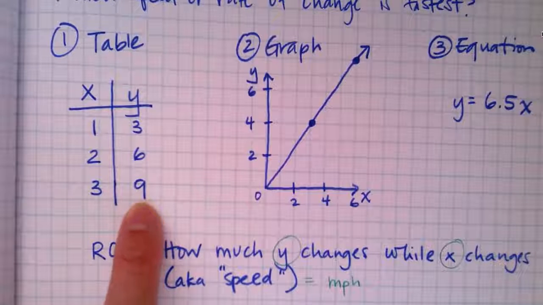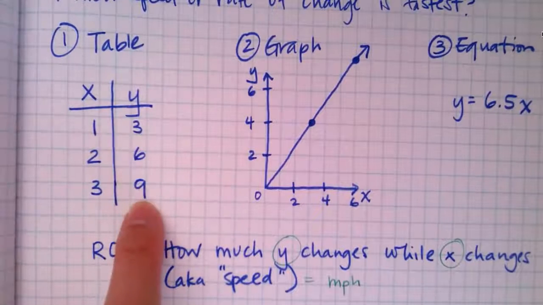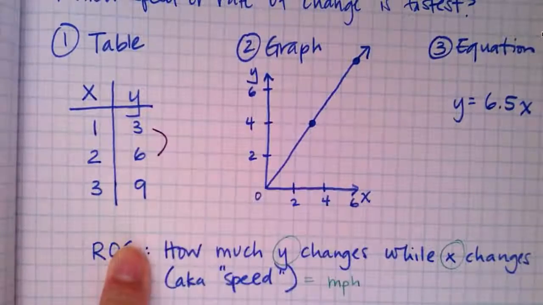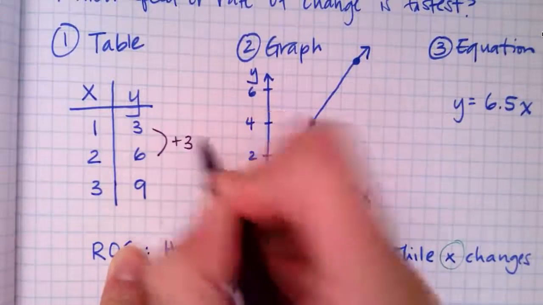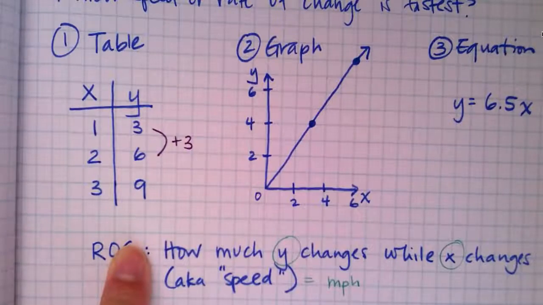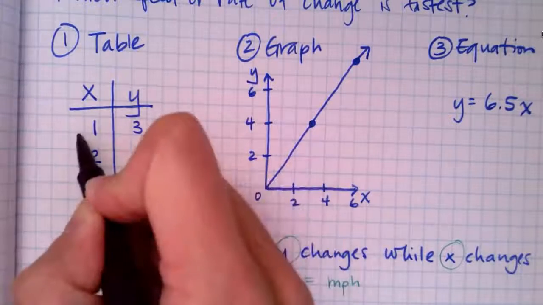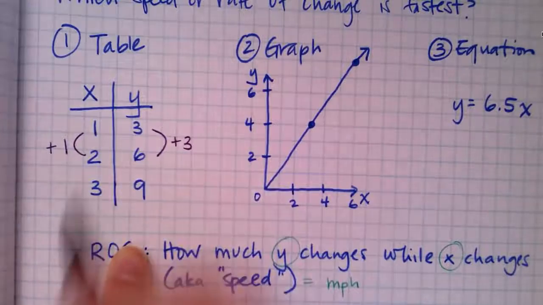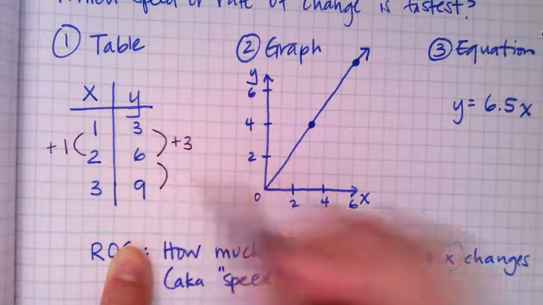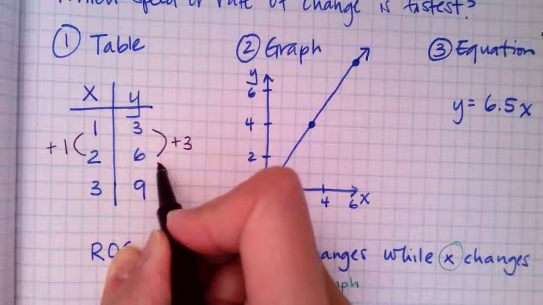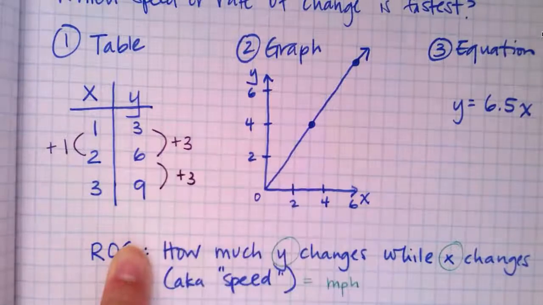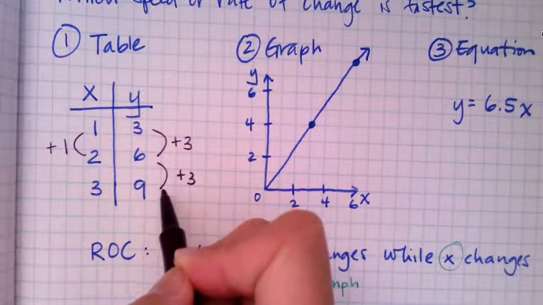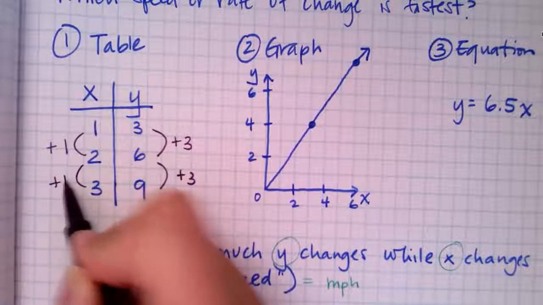So we want to know how much y is changing each time while x is changing each time. So I know going from 3 to 6, y is going up by 3. While y has increased by 3, x has increased by 1. Okay, from the second piece of information to the third, y has changed from 6 to 9, which is, again, adding 3. And then while y is increasing by 3, x is increasing by 1 again.